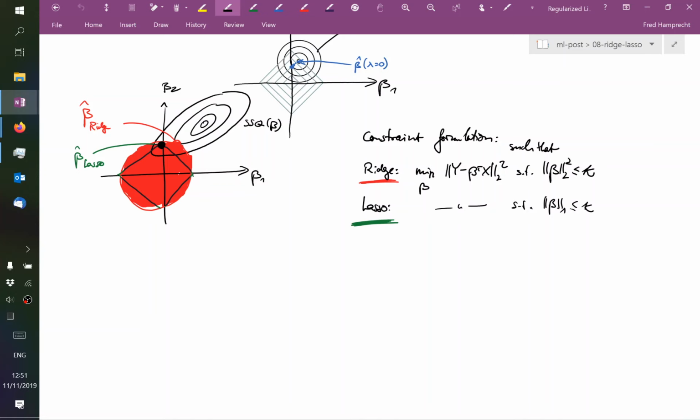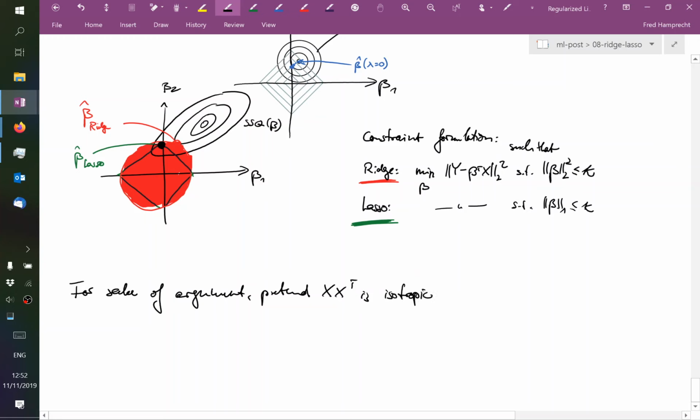For the sake of argument, I'm going to pretend that x transpose x is isotropic, or that means it has degenerate eigenvalues.